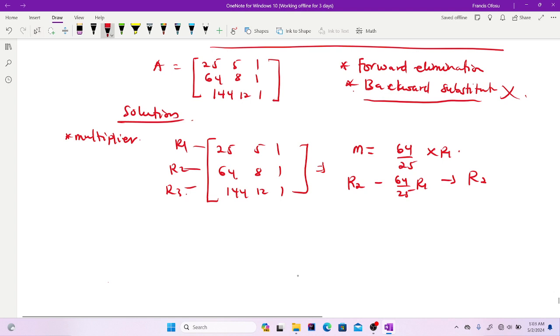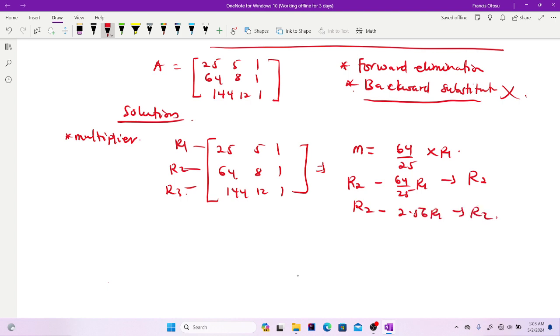Okay, so now we can go ahead. What is 64 over 25? We are getting 2.56. So my row operation simply is row 2 minus 2.56 R1, which maps to row 2.